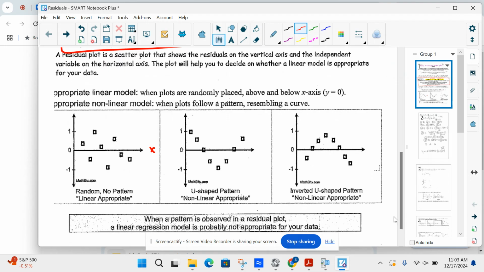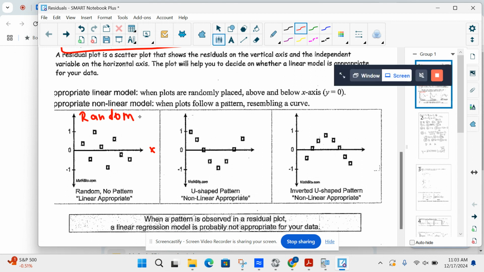So for this one, to determine if it's a linear model, it says when points are randomly placed above and below the x-axis. If it's nonlinear, then the points will follow a specific pattern resembling a curve. So for the first one, this is random and no pattern, so it is linear. So you can just say random/linear.